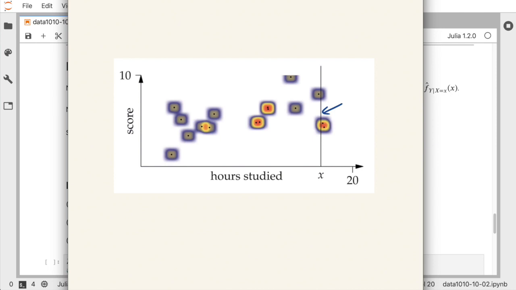finding the balance point of the probability mass along that vertical line. And what you can see is that by symmetry of the function d, which is dictating what the shape of the mass looks like for each of these points, for example, here it's coming up and then back down like that according to the shape of d. So d is symmetric, so all of that mass is going to average out as though it were just right at this point. So we can do that for each of them.